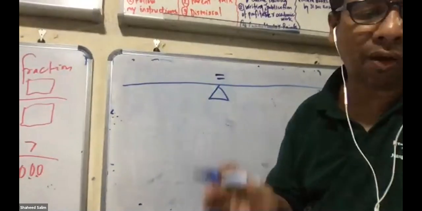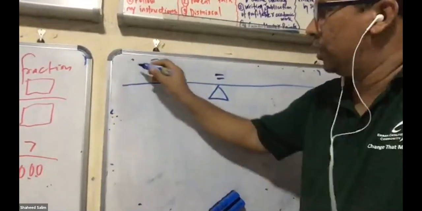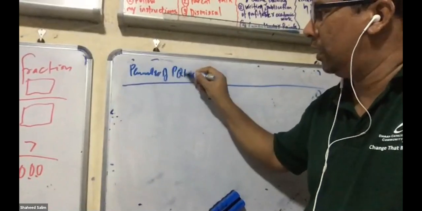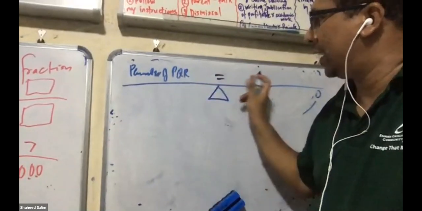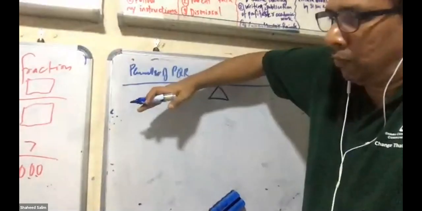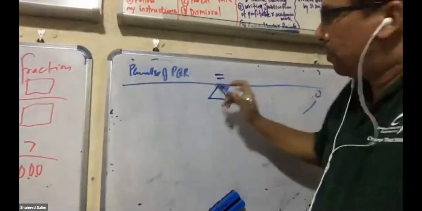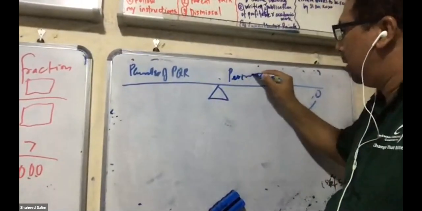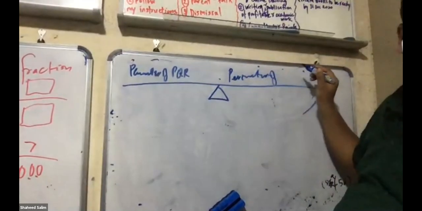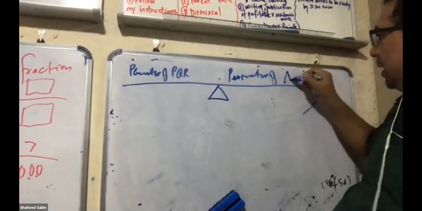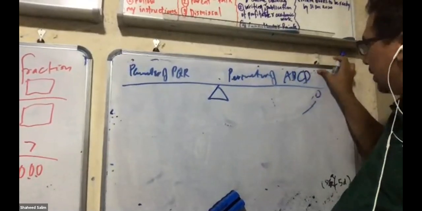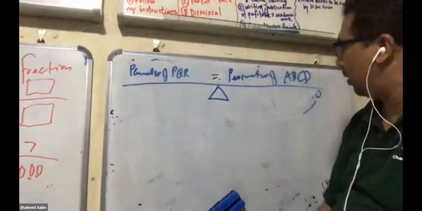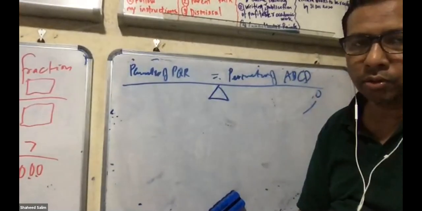So they tell you now the perimeter of PQR. I'm going to write perimeter of PQR is 5 cm greater than the perimeter of ABCD. So my question to you is, is the perimeter of PQR equal to the perimeter of ABCD? Yes or no?